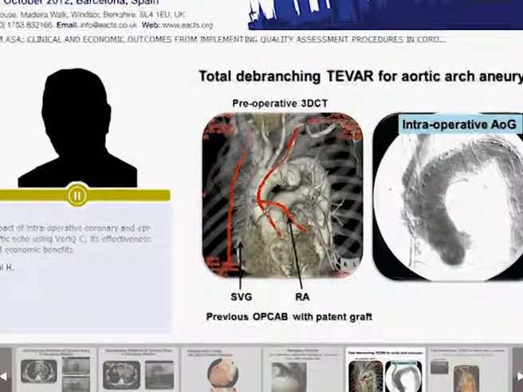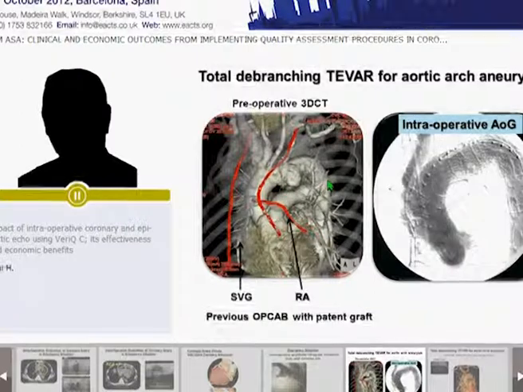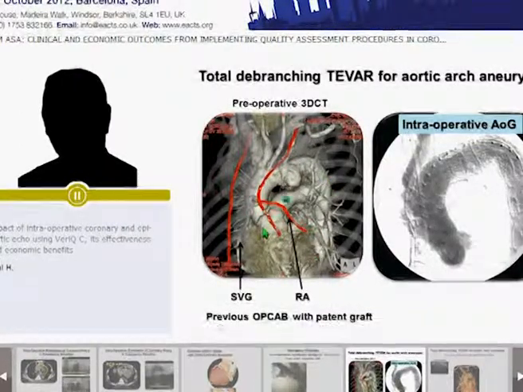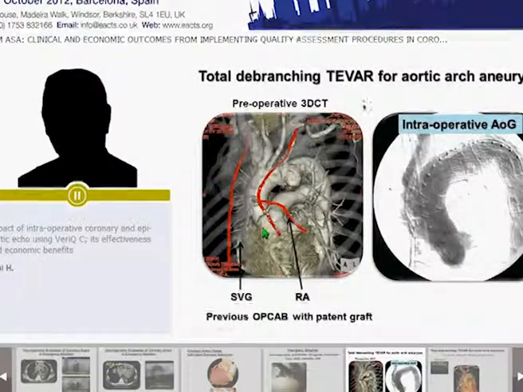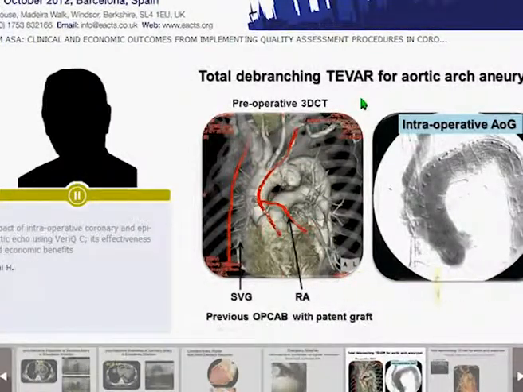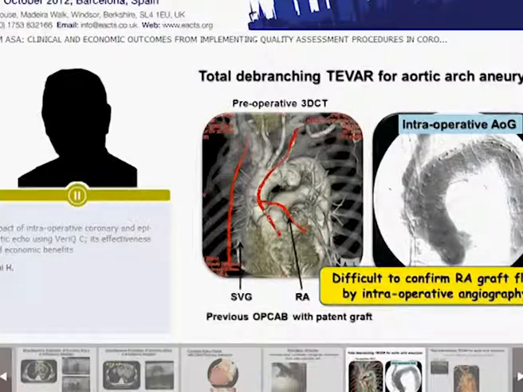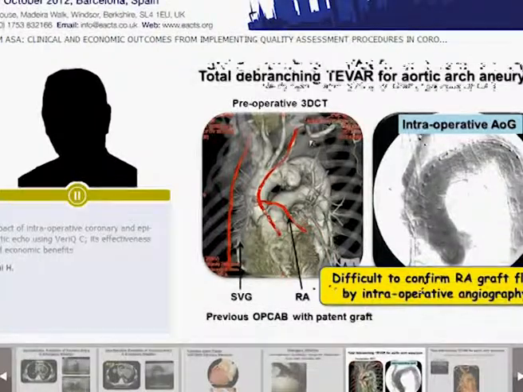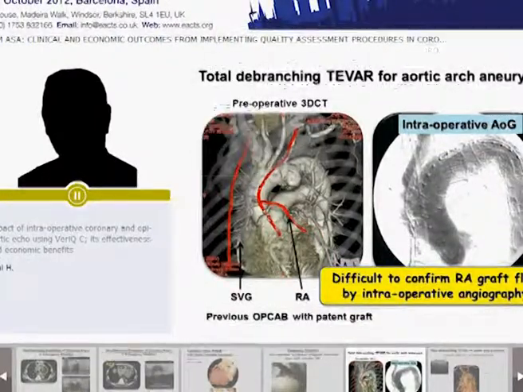Because there's a very limited landing zone for this part, we put a stent here and we put another debranching graft over there. After we positioned the stent graft, the angiogram did not show the patency of the radial artery graft. So I wondered whether I should revise the radial artery or not.